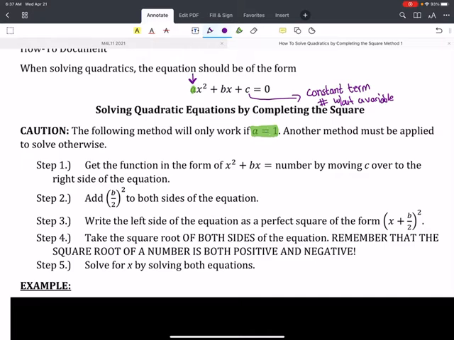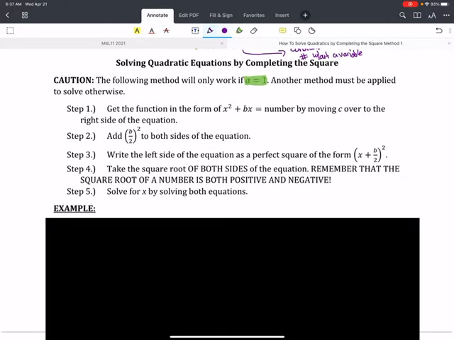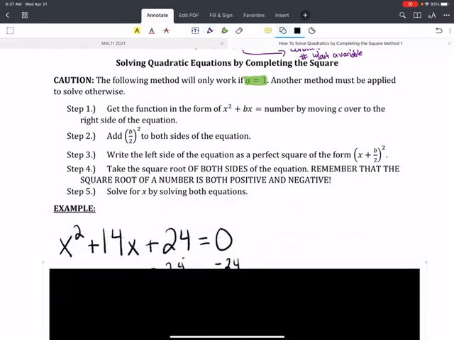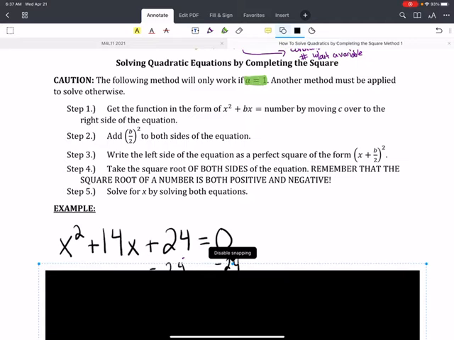Alright, step 1. Get the function in the form x squared plus bx equals a number by moving c over to the right side of the equation. I have an example here to show you, so you need to write this please.